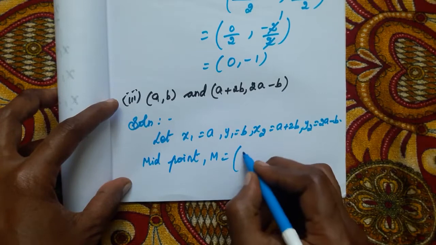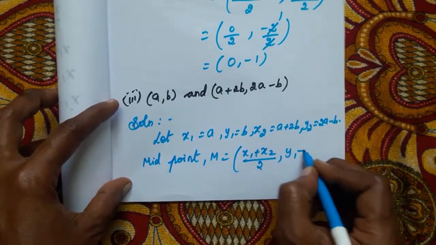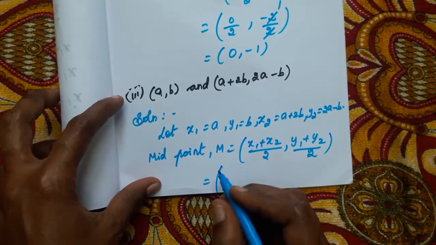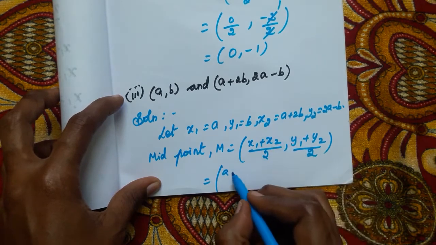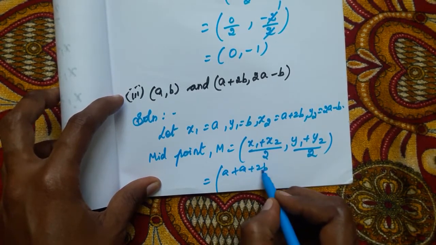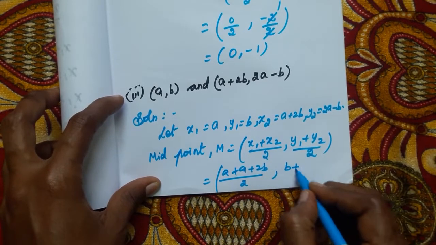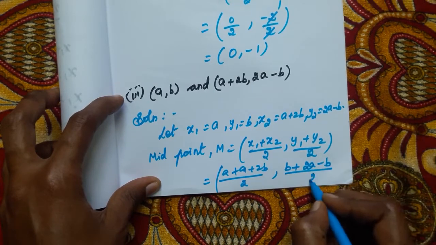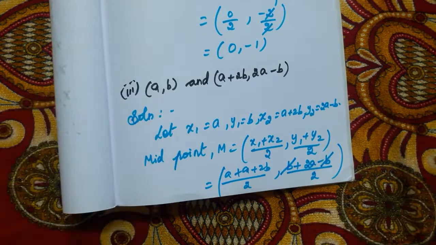Next, what's the formula for midpoint M? M is equal to x1 plus x2 by 2, y1 plus y2 by 2. It is equal to a plus a plus 2b by 2, b plus 2a minus b by 2. Here plus b minus b will be cancelled.